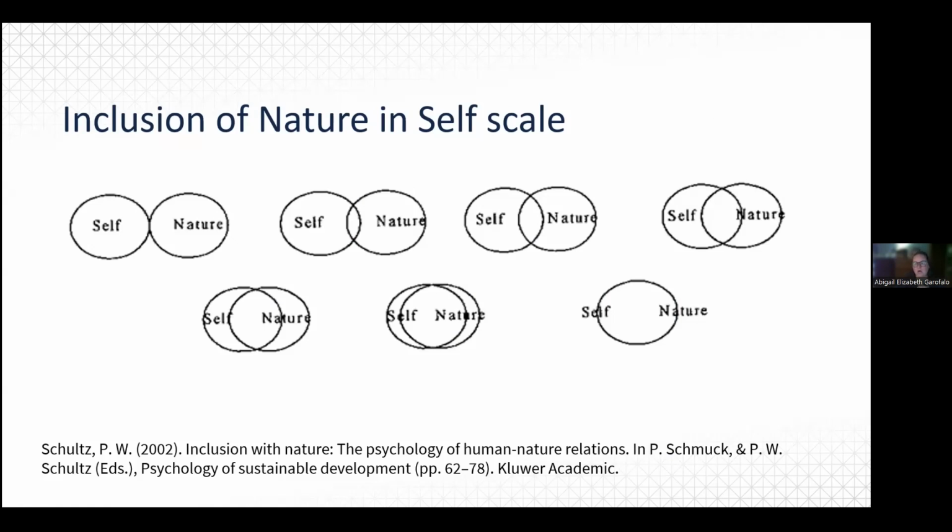So how crossed over these circles are is how we feel towards the environment, how close it is, essentially how we feel as though we should support nature, our behavior towards supporting the environment.